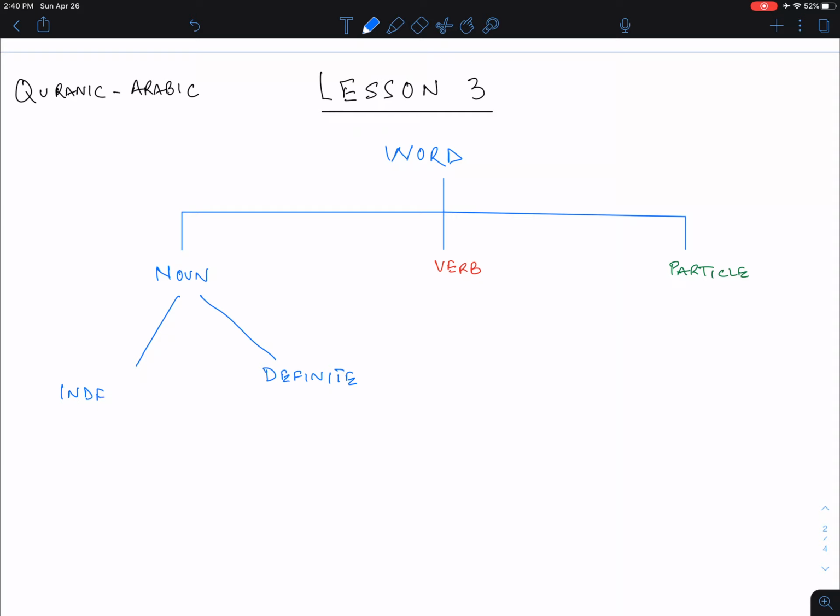So any noun that you will find, generally speaking, is going to have these two properties. So with that said, what does that mean?